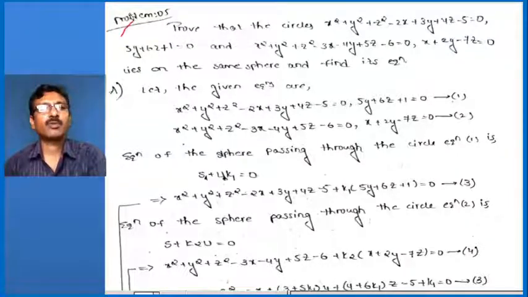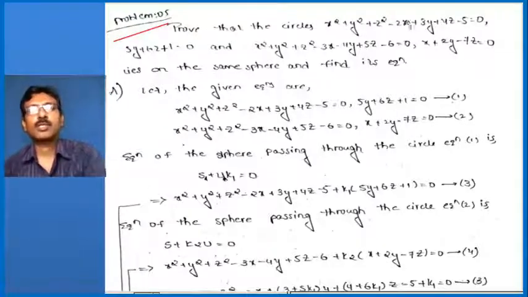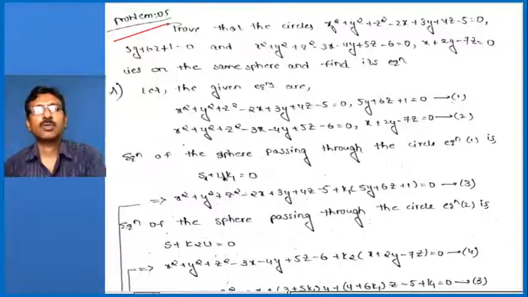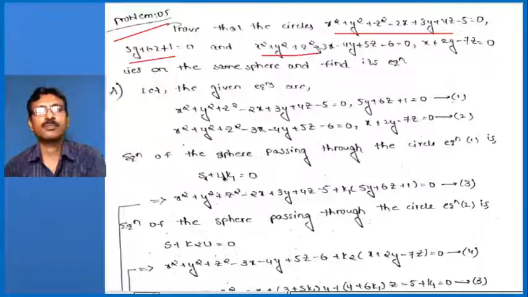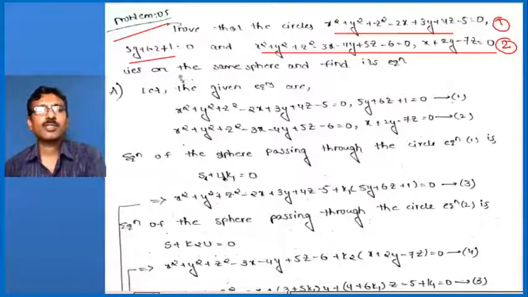Next, problem number 5. Here it is also a different problem. The problem is, prove that the circles, here two circles, this is the first circle and this is the second circle, circle 1 and circle 2 are given, lie on the same sphere and find its equation.